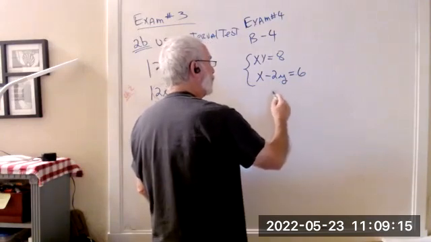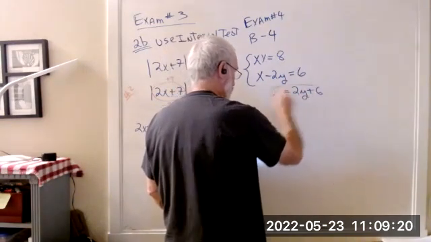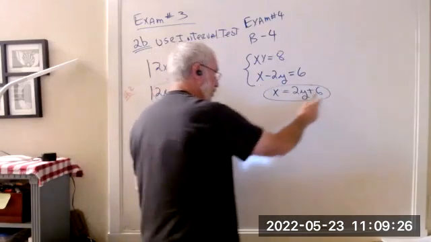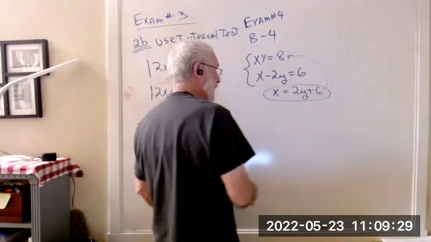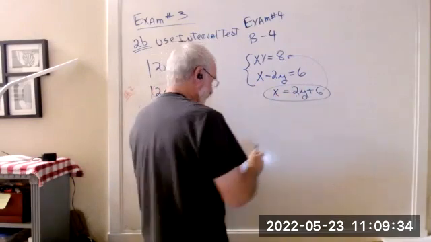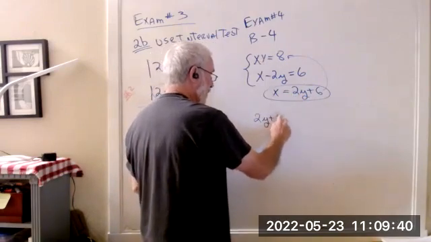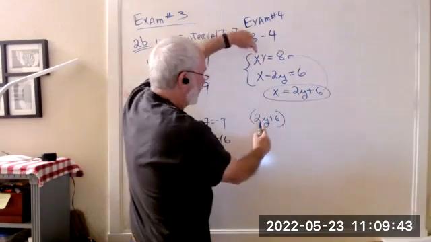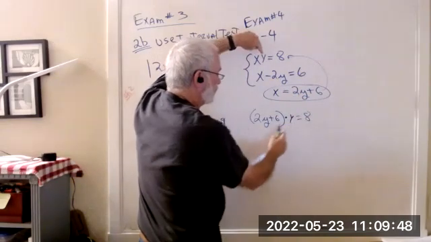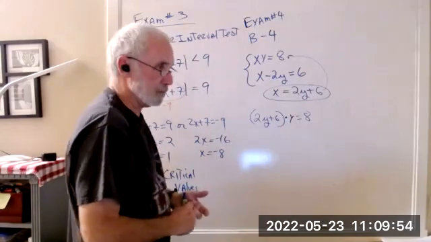So for example, suppose we got x equals 2y plus 6, taking the second equation and getting x alone. We can plug it here in place of x. Remember, this is saying x and 2y plus 6 are the same. So in place of x, we can have 2y plus 6, times another y equals 8. This, I think, is the easiest way to do this problem.